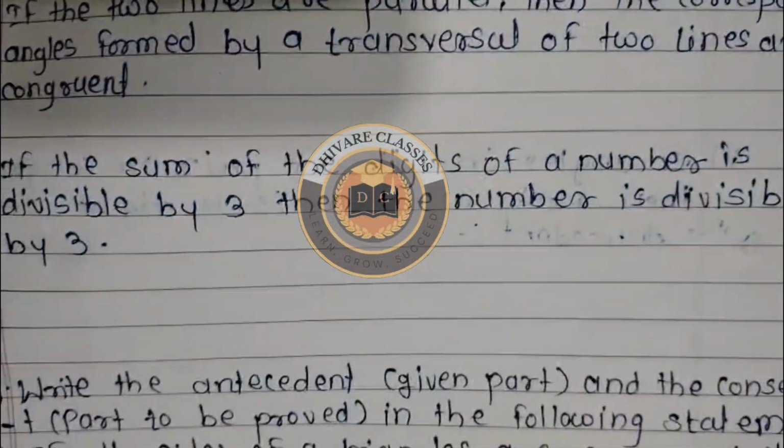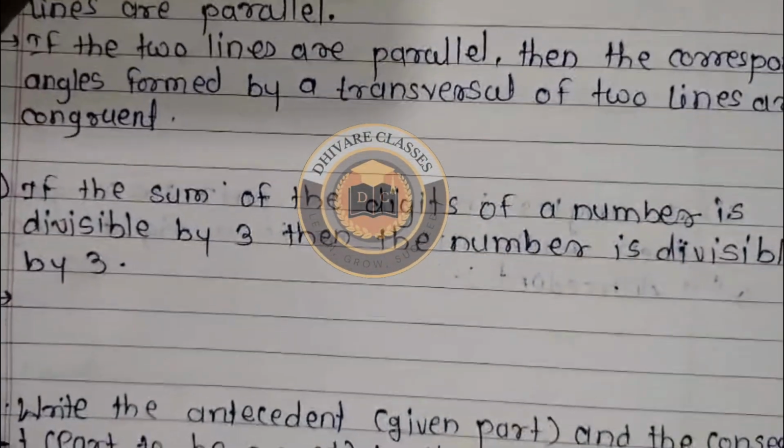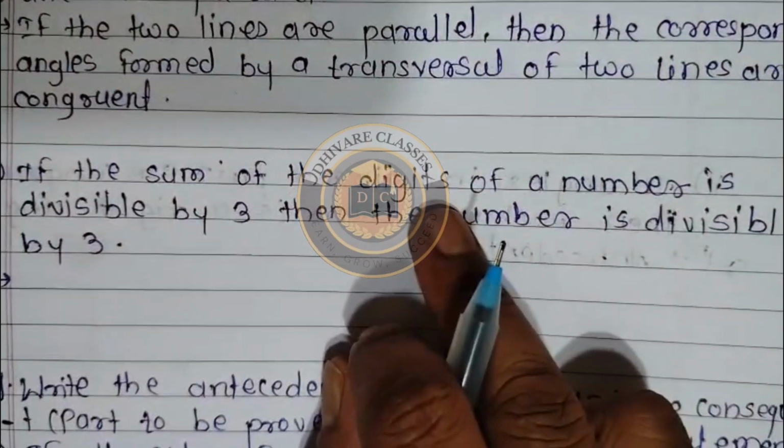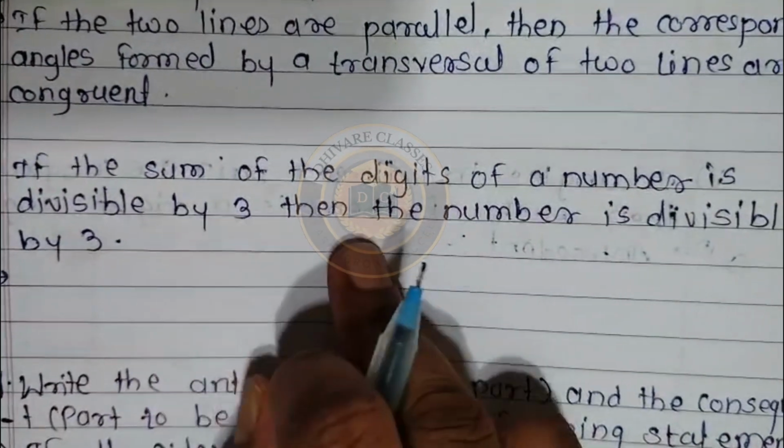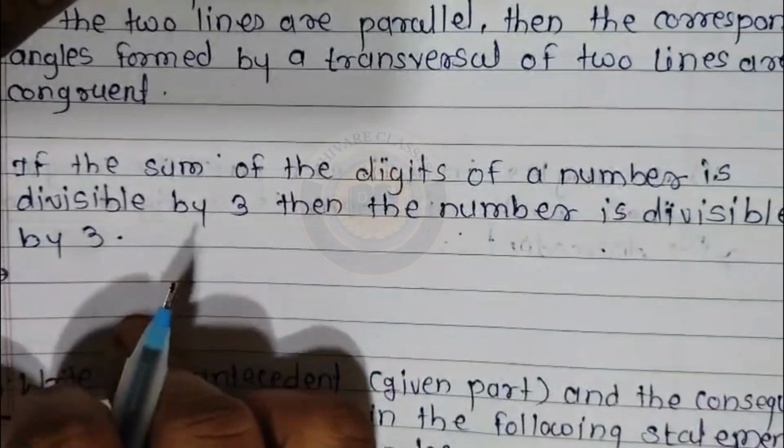Fourth: if the sum of digits of a number is divisible by 3, then the number is divisible by 3.